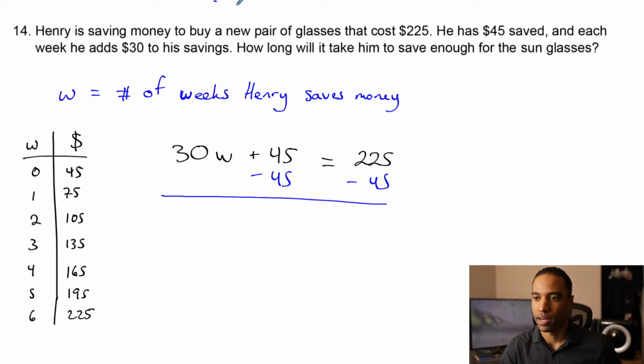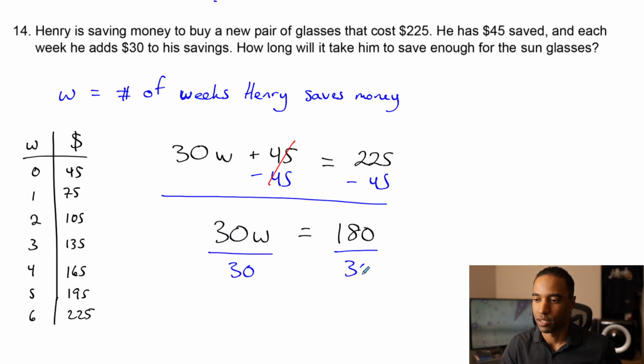And then I'm going to go ahead and divide both sides by 30 here. Divide by 30, divide by 30. I feel like I'm saying something like bye-bye birdie. 180 divided by 30 is actually the same as 18 divided by 3, believe it or not, and that is 6. W equals 6.